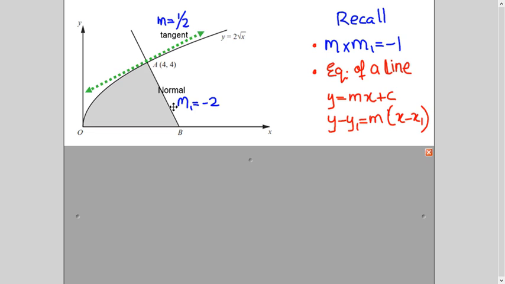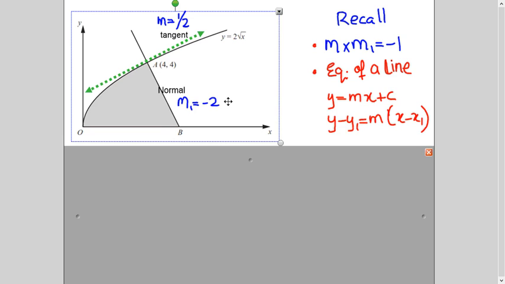Now we have to find the equation of this line. Again, we know the line is either y equals mx plus c, I'm writing the general form, or y minus y1 equals m times x minus x1. Whatever you want to use here, I like this one, so I will use this one. We already know that we have to take a gradient and a point. The point I have is (4, 4), and the gradient I have is minus 2. So in place of x1 and y1, I will substitute this point, and in place of m, I will write minus 2, right?